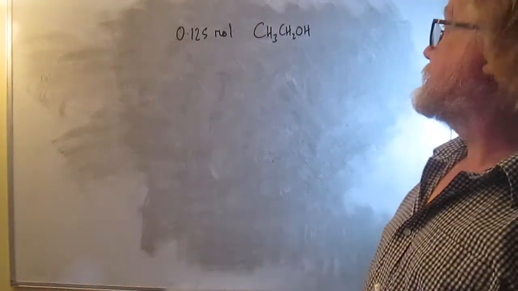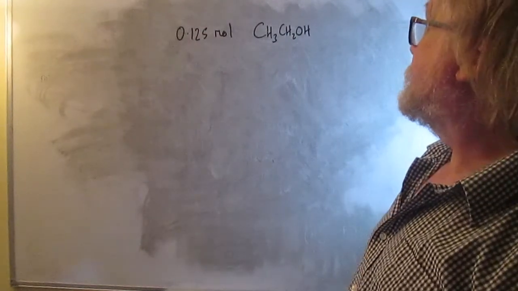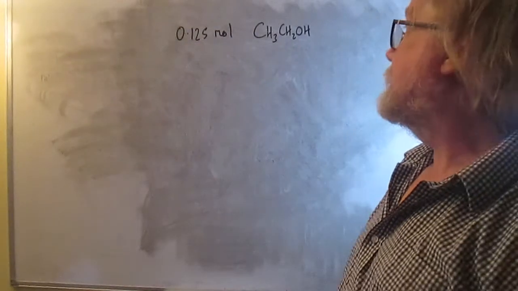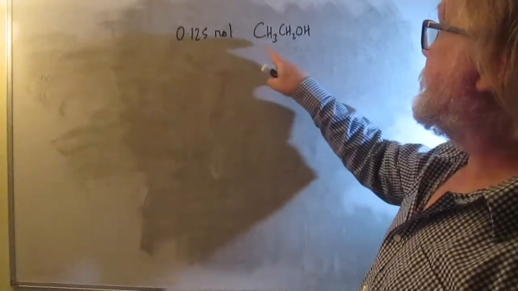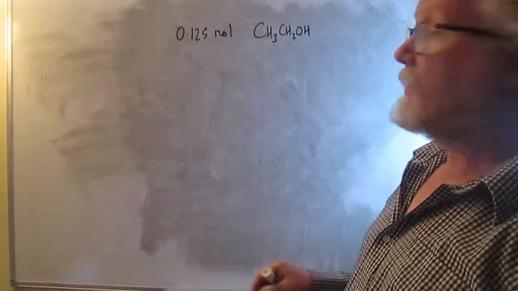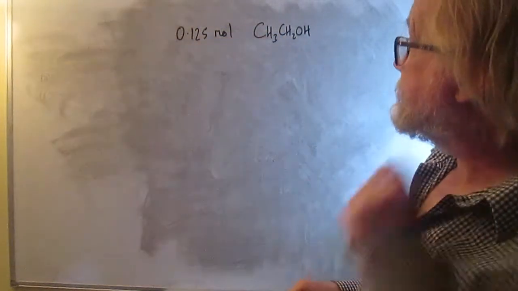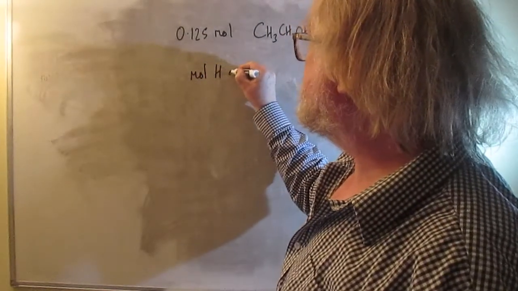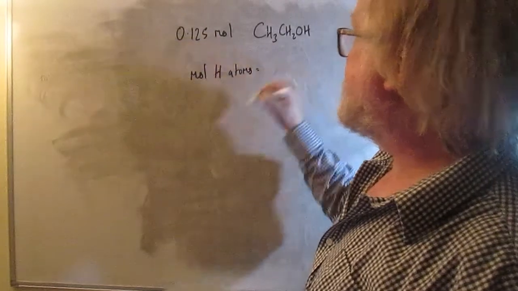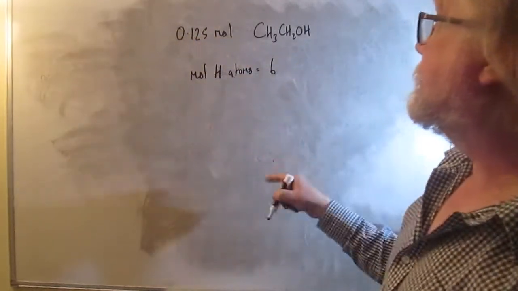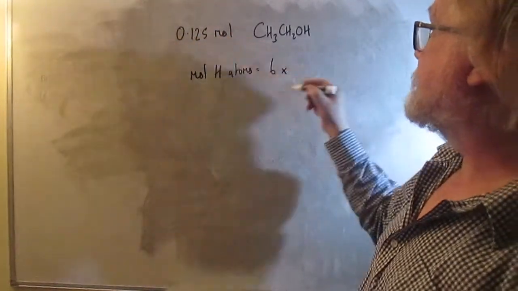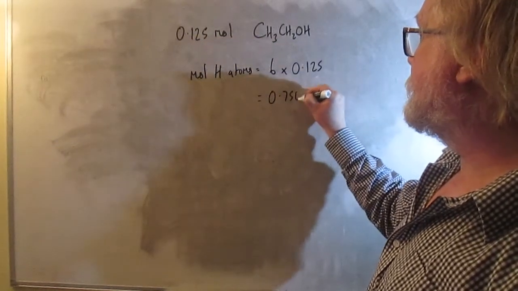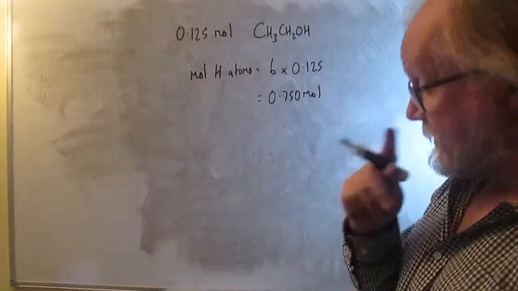Question 3 wants us to find out how many individual hydrogen atoms there are in 0.125 moles of ethanol. So the first thing to register is that each molecule of ethanol contains 6 hydrogen atoms. So therefore the moles of hydrogen atoms is equal to 6 times the moles of the compound as a whole. So 6 times 0.125 moles, which is 0.75 moles of hydrogen atoms.